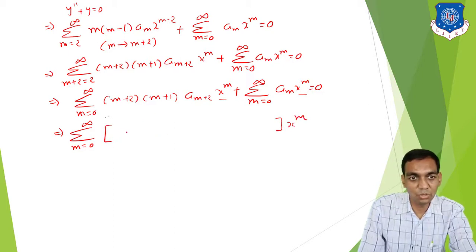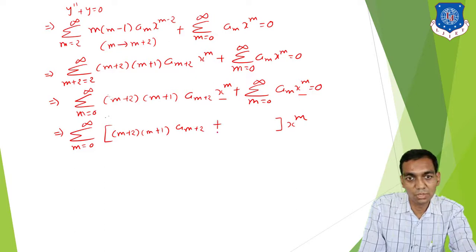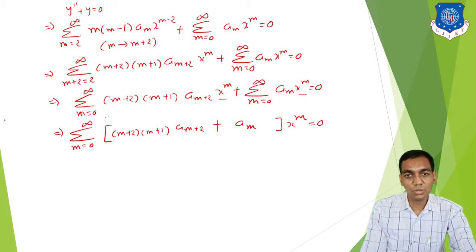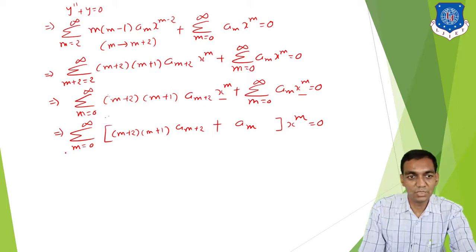The remaining terms you have to write down. So that will be m plus 2, m plus 1, a of m plus 2. Plus, here you have one term only, am. And this is equal to 0.